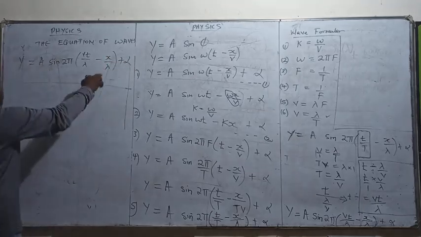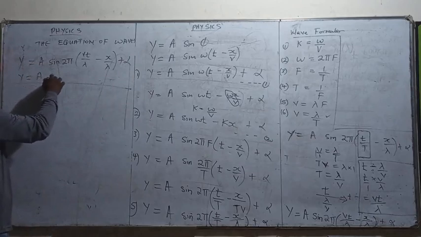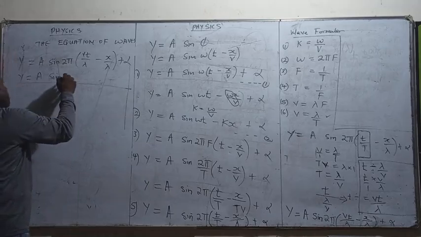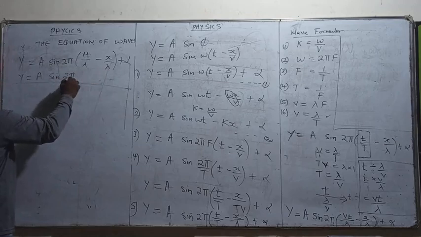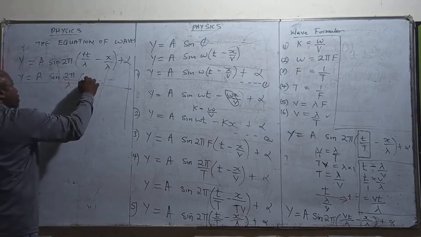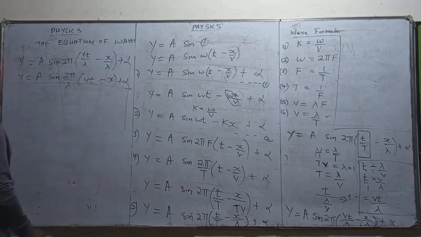Of course, the denominator is the same, right? Since they are the same, you factorize, and that becomes y equal to A sine 2 pi over lambda bracket vt minus x plus alpha. So therefore, this becomes our equation 6.